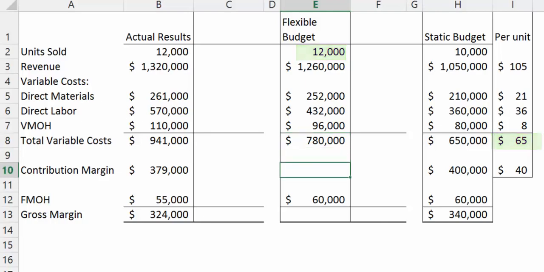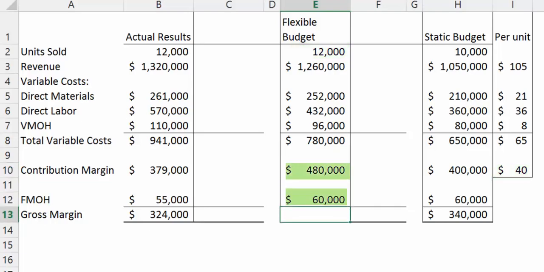My contribution margin I can get either by taking my flex budget revenue and subtracting my flex budget variable costs, or by taking the number of units sold in the flex budget times the contribution margin per unit. Either one of those is going to give me $480,000.